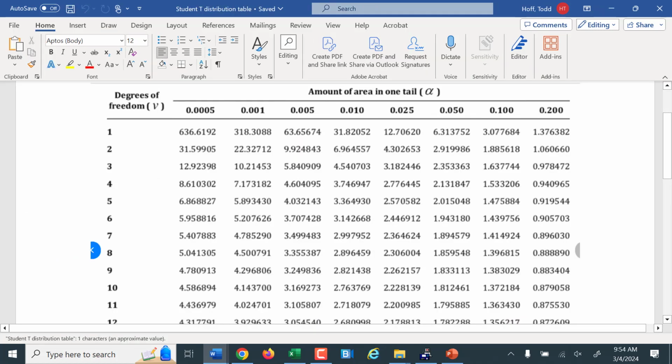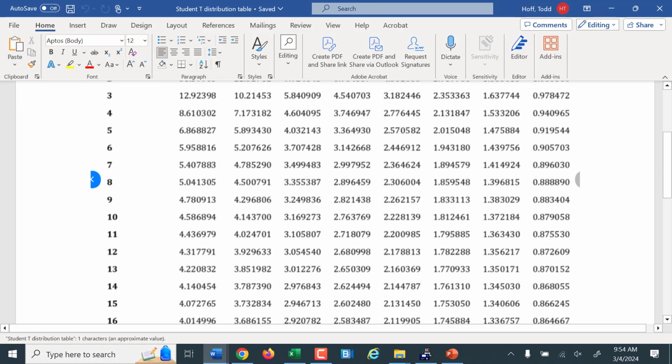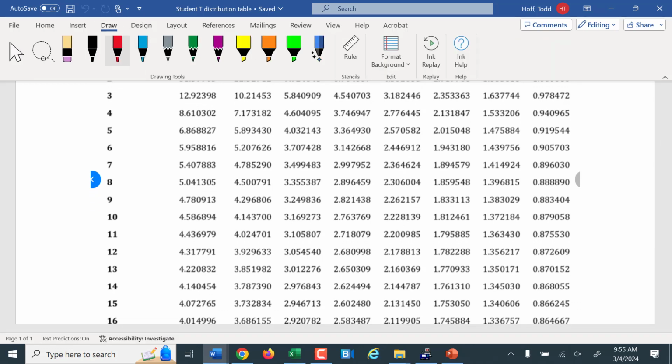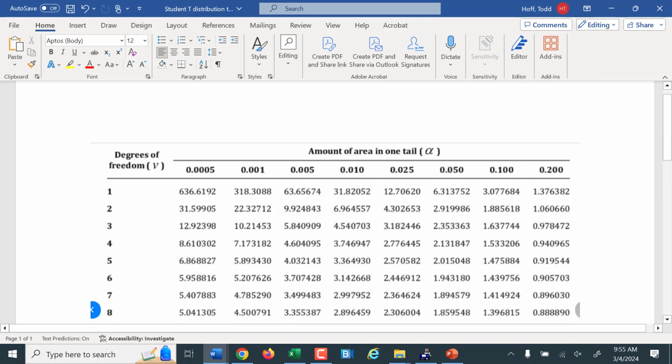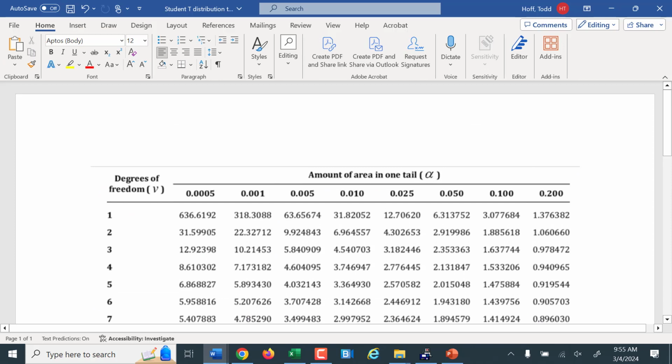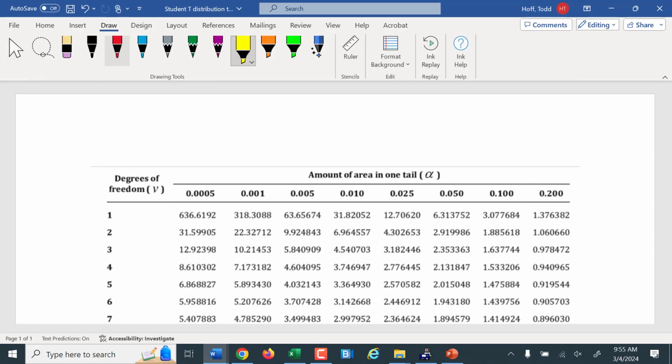You can see along the left side is degrees of freedom. So we would have 11 degrees of freedom here, so we'd be looking at this row. And now usually on top it says both two-tail and one-tail areas. Here we just have a single tail area, and our single tail is going to be 0.05.